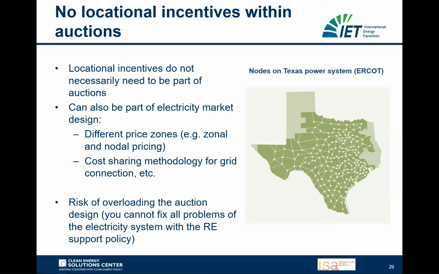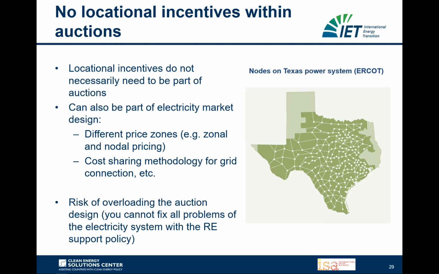So the general question is really that there might be the risk of overloading the solar PV auction design, that you try to correct each and every mistake that is actually part of your electricity systems by designing your solar PV auctions.